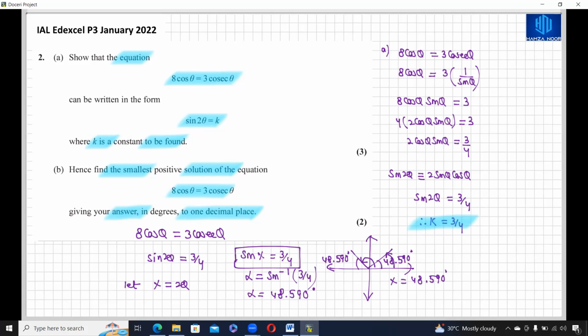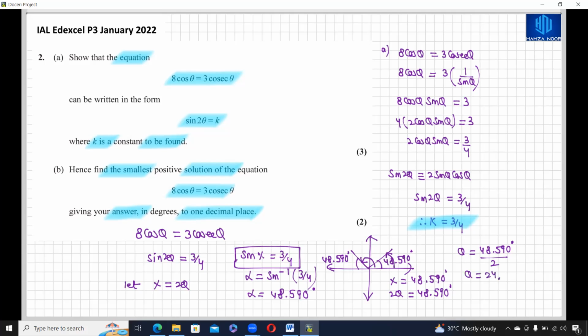Since x equals 2 theta, the smallest positive solution for 2 theta is 48.590 degrees. So the smallest positive solution for theta is 48.590 degrees divided by 2.